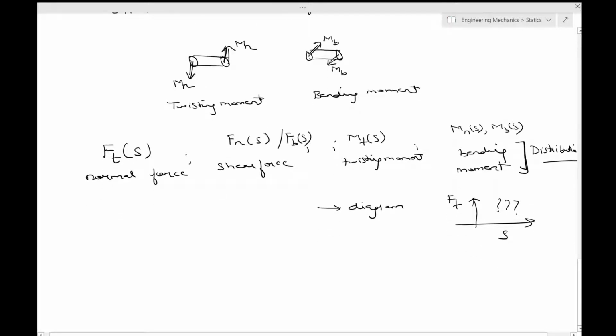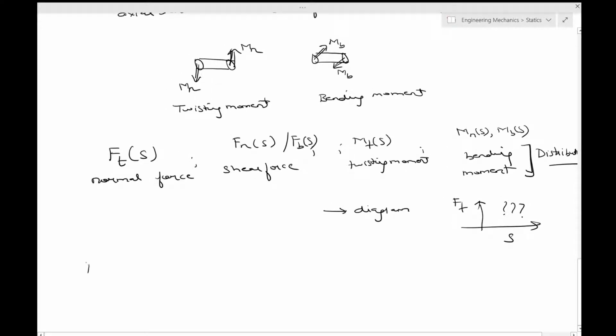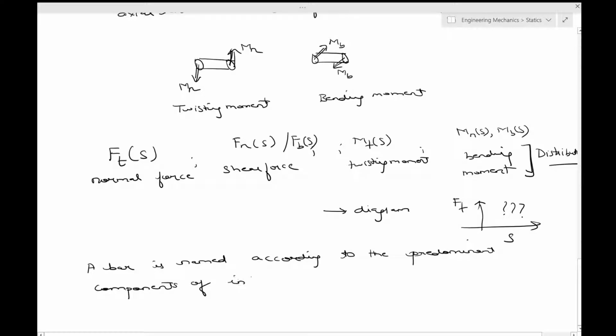Okay, so a bar is named according to the predominant component of internal force resultant.